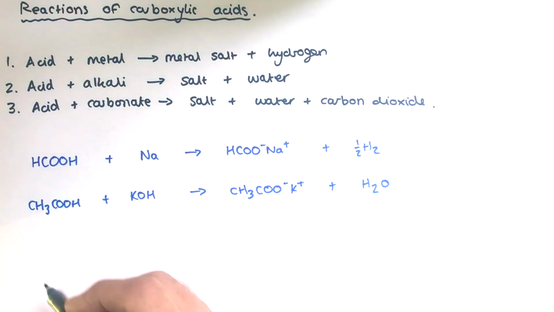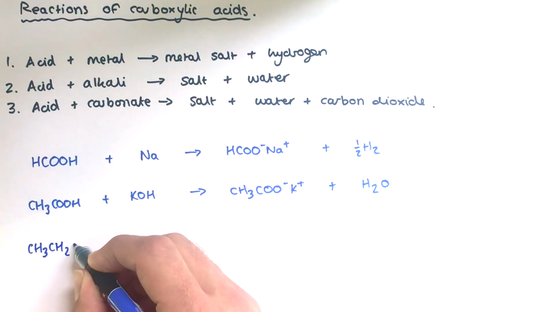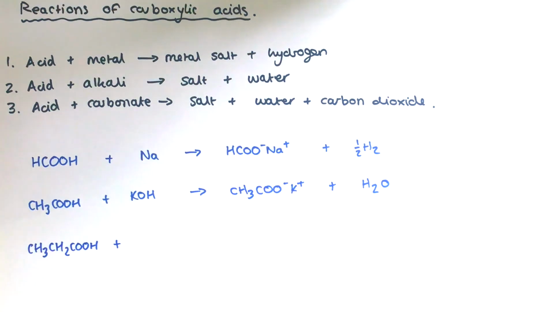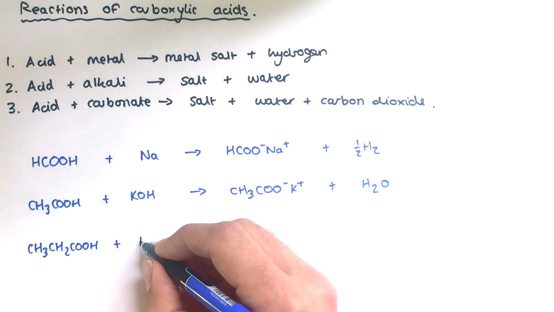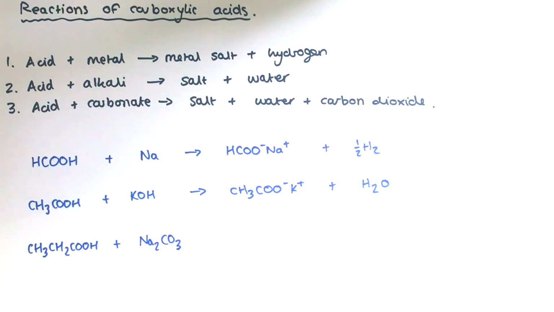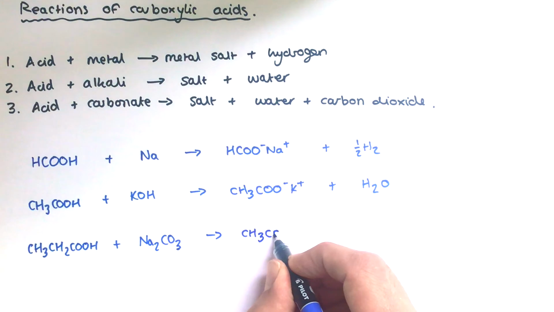Next reaction to have a look at, let's say propanoic acid, and this time we'll pick a carbonate for our reaction, so let's say sodium carbonate rather than sodium hydrogen carbonate. If we watch this reaction, we now make the propanoate ion.